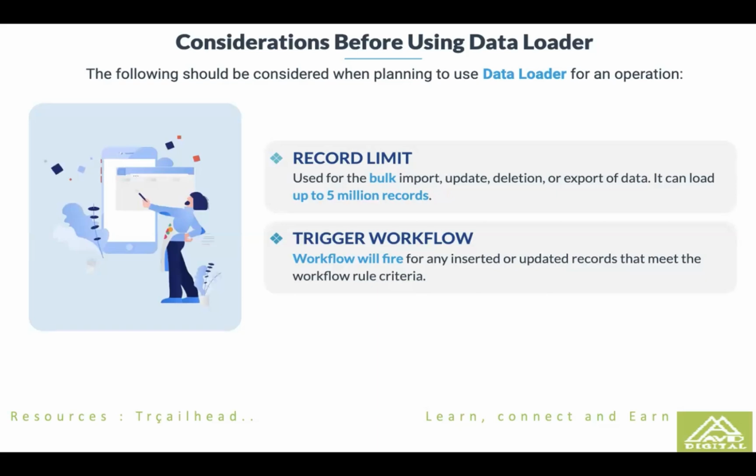You cannot use Data Import Wizard to delete, but you can use Data Loader to delete objects and to export. You can only use Data Import Wizard to import into the Salesforce platform. Data Import Wizard has a limit of 50,000 records, but Data Loader can load up to 5 million records at a time.